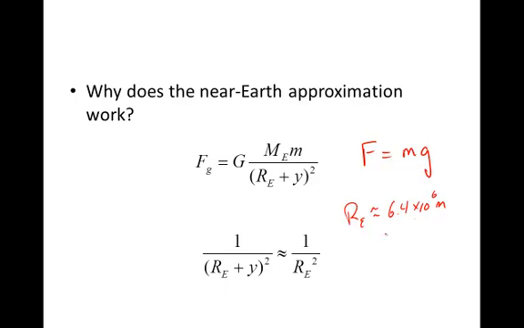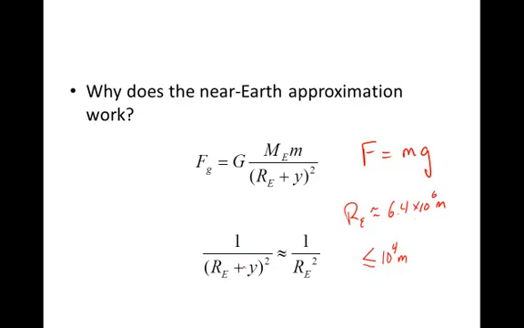So 10 to the 4, anything that's less than or equal to 10 to the 4 meters, or about 10 kilometers, can be assumed as being within near Earth. Once you get outside the 10-kilometer range, then you're going to have to take into account the fact that gravity is dropping off.